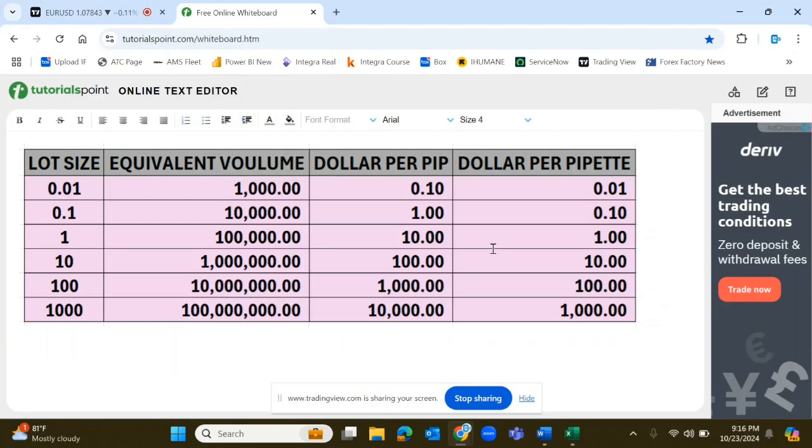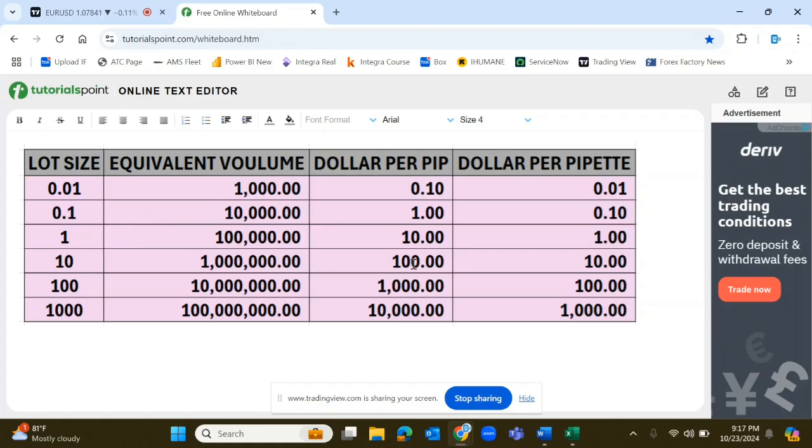If it was a lot size of 0.01, you will be losing $0.80. If the lot size you used was 0.1, then you will be losing $8. If the lot size you used was one lot, then you will be losing $80. And likewise, 10 lots, then you will be losing $800.